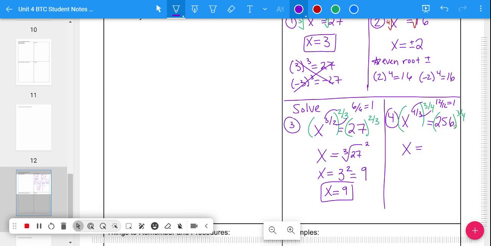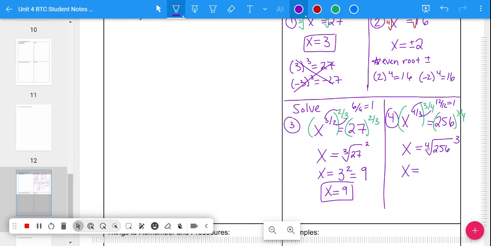And I have the fourth root of 256 to the third power. So in my calculator, if I type in the fourth root of 256, I'm going to get 4. And 4 to the third power is 64.